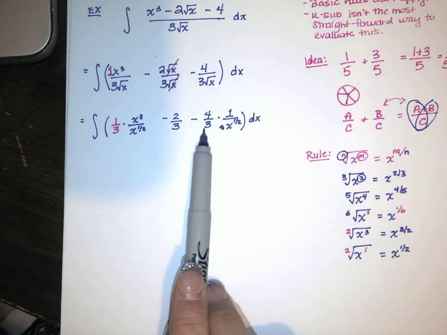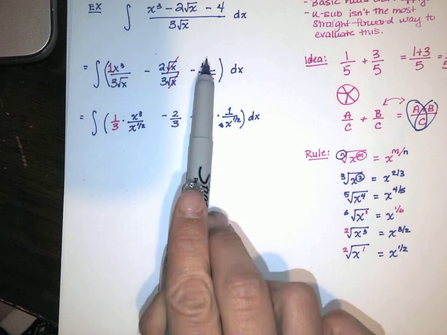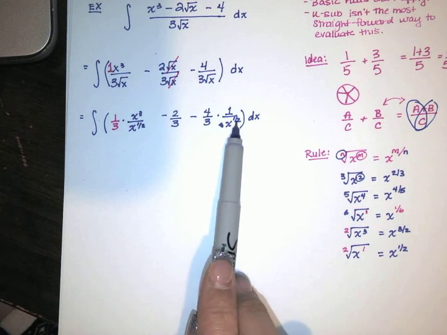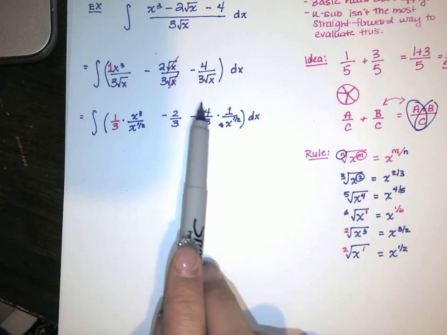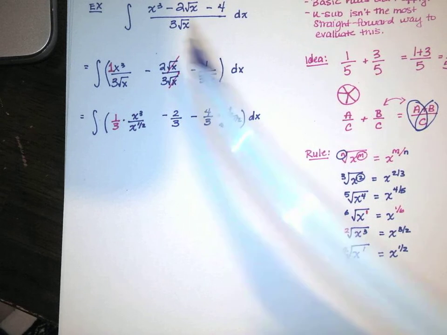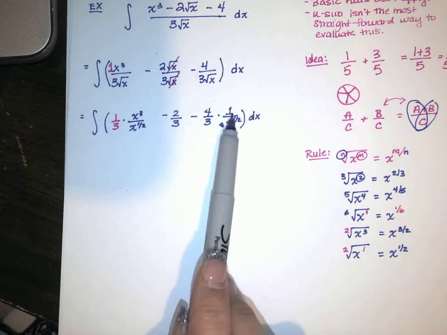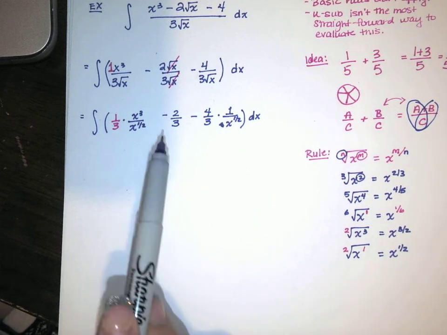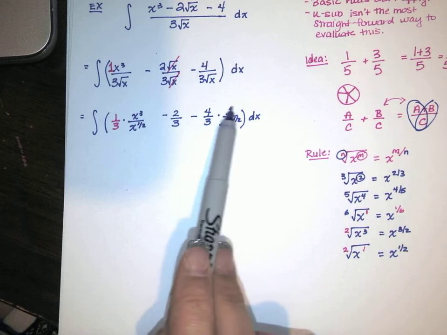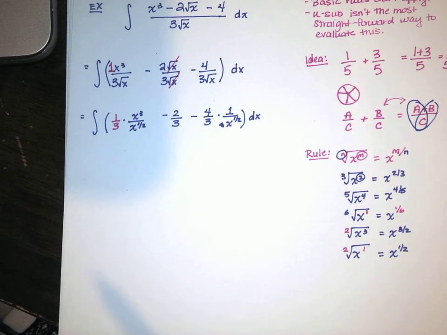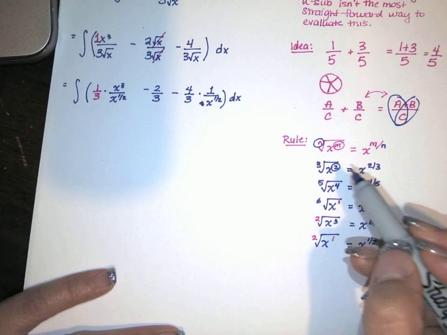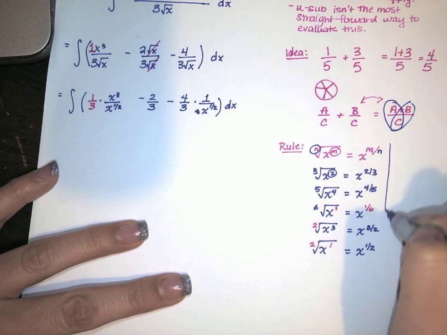If I multiply this straight across, I get 4 times 1 is 4, and 3 times x to the 1/2 is the same as 3 times the square root of x. That works, that's the same as that. So I'm keeping that 1 there as a placeholder so that I can use exponent properties to simplify this guy and this guy. So we talked about this exponent rule. Here's another one.